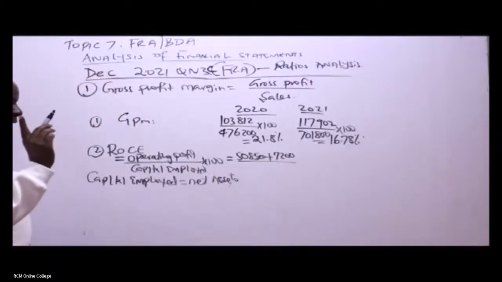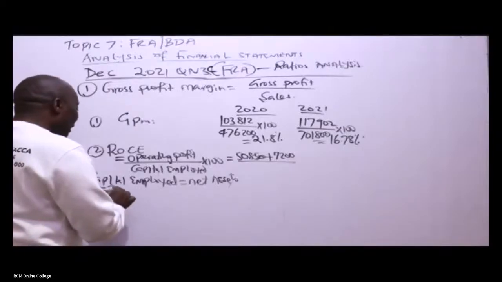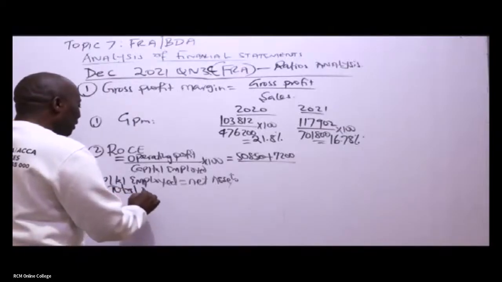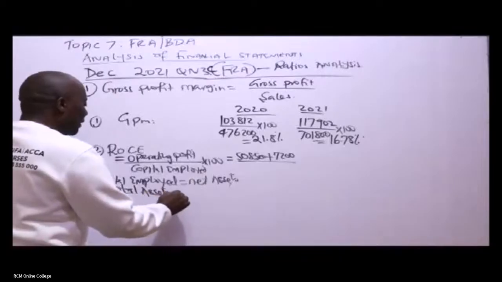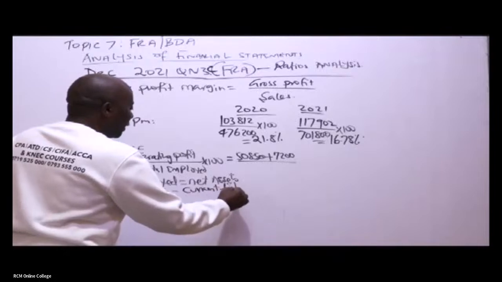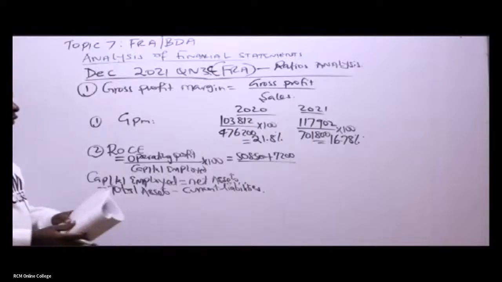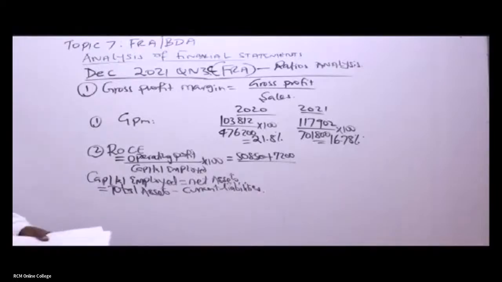Capital employed is the same as net assets. And the net assets will be the same as total assets minus current liabilities. Total assets minus current liabilities.